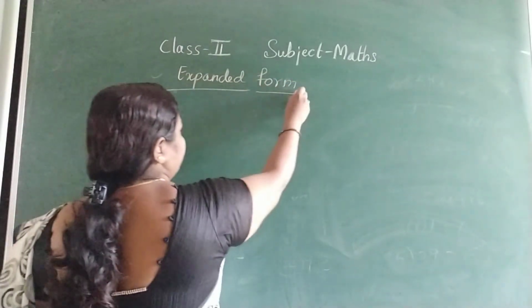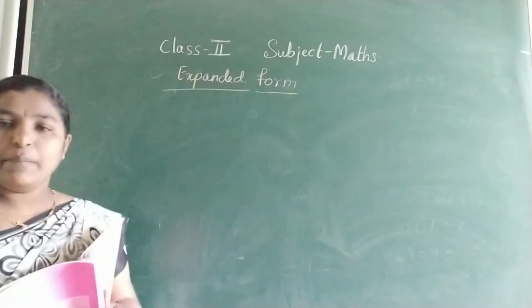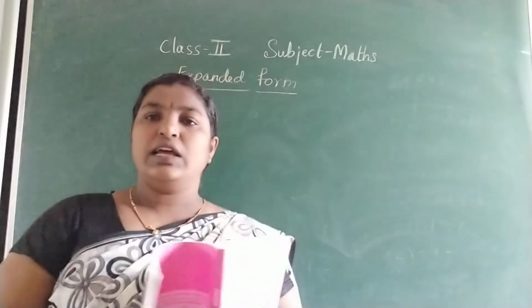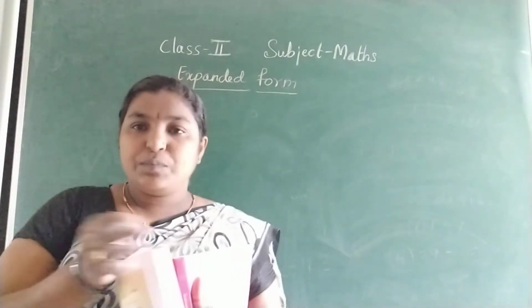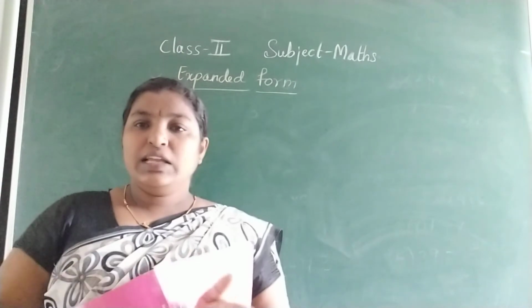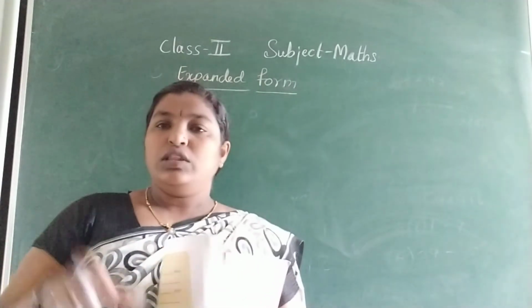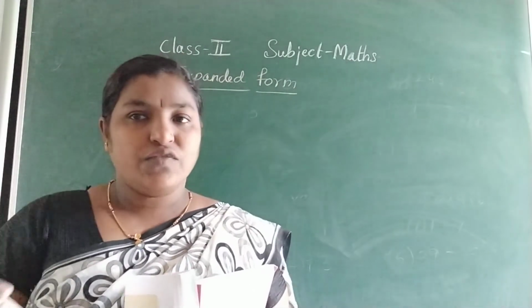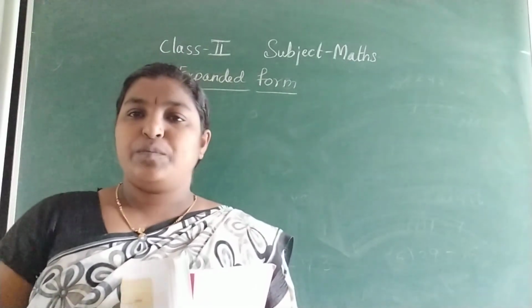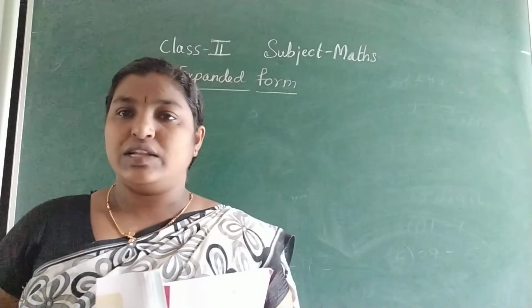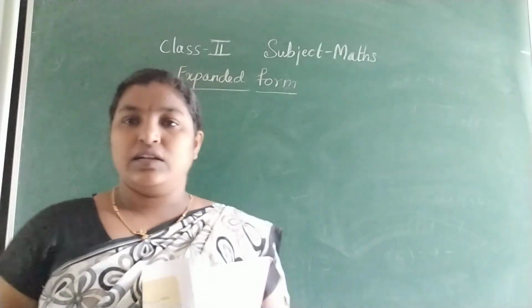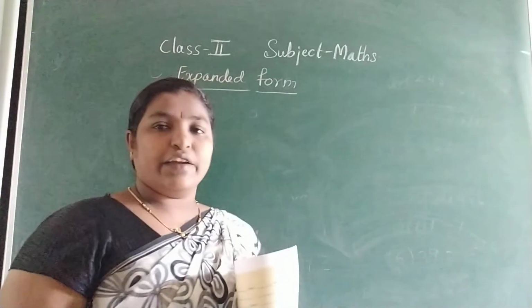Expanded form. The term itself is telling the meaning of it. Expand means to increase or enlarge it. So the numeral will be in short form. According to its place values, we should enlarge it or expand it. That is known as expanded form.